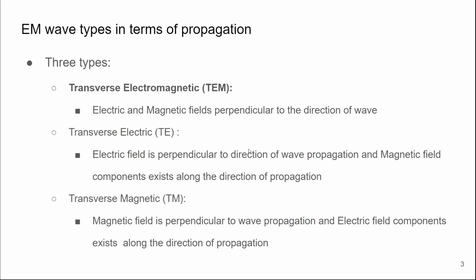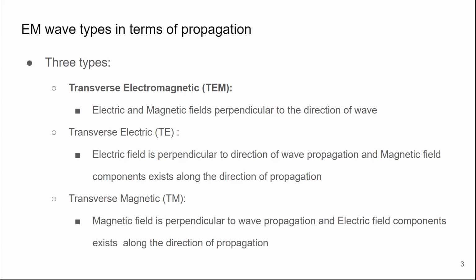So I mentioned this earlier. In electromagnetic wave propagation, there are three types of propagation. The first is TEM mode, transverse electromagnetic mode, where electric and magnetic fields are perpendicular to the direction of the wave.